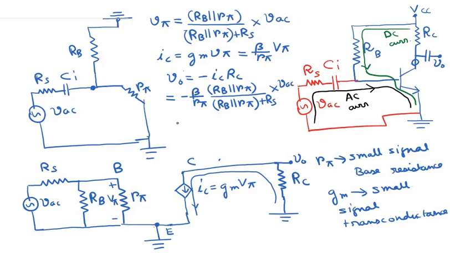Okay, so we have got the relation between V0 and VAC, and the ratio of the output voltage to this input voltage is known as the gain of the transistor.